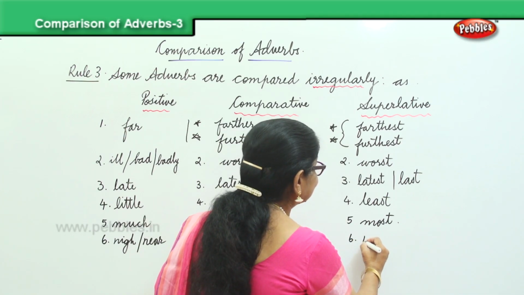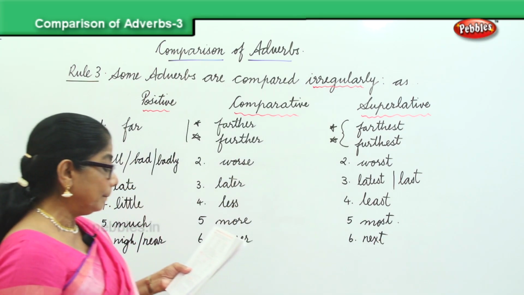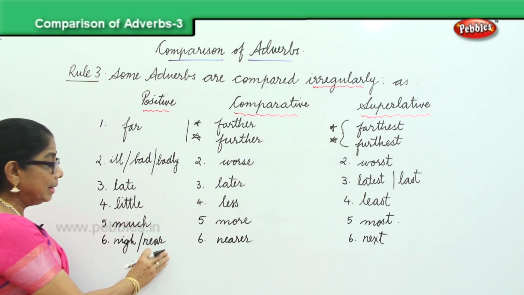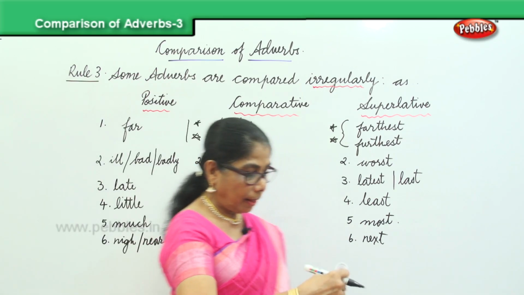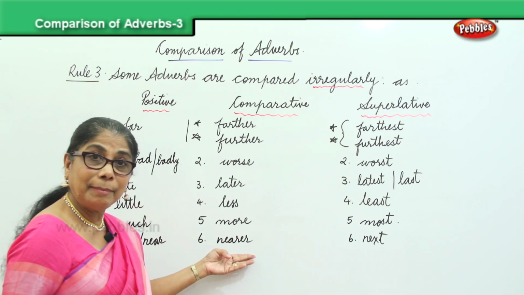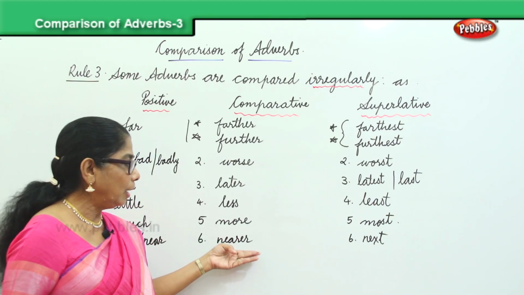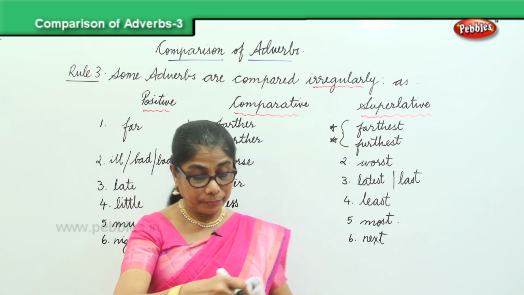No, next. You do not say nearest, you say next. Near, nearer, next. And then nigh, close by. My house is near. My house is next to Leela's.